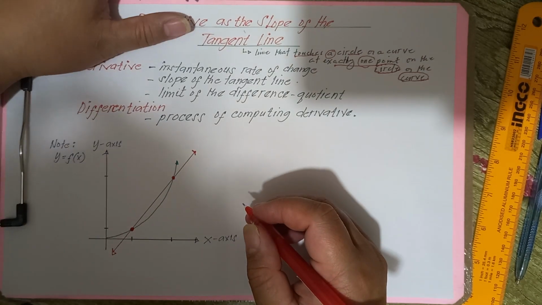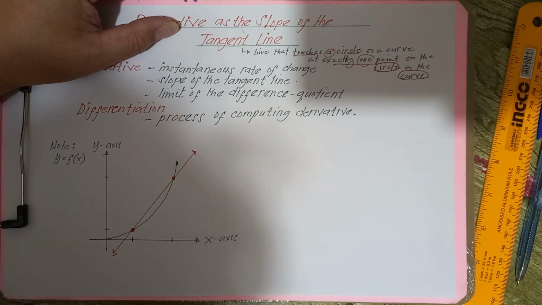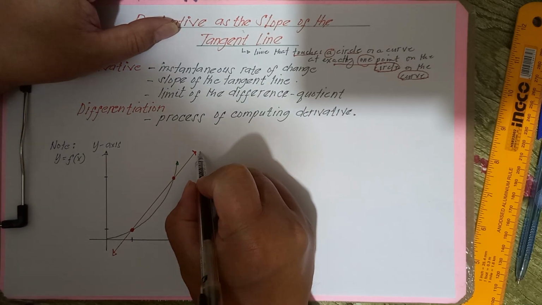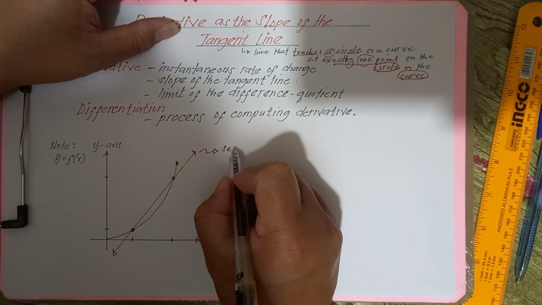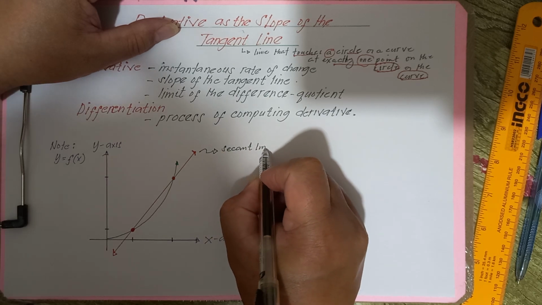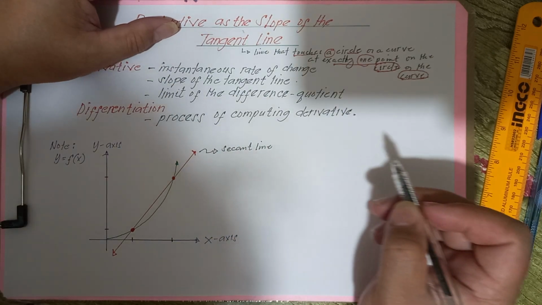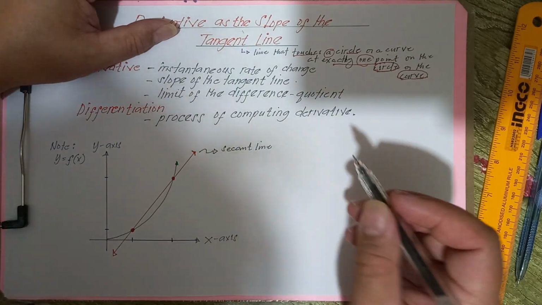Then what is this kind of line? Okay, the point is, what is that kind of line? So that is called the secant line, okay, secant line. So when we say secant line, it will be the opposite of the tangent line. Now, how is that?